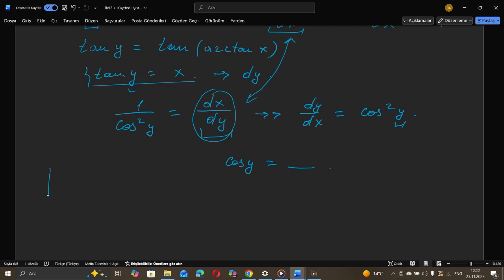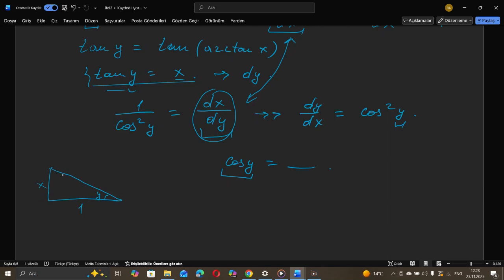So let's draw our right triangle, so we can find cosine y using this expression, as we can see here, right? Let's call one of the angles y, and the opposite side is just x, due to tangent y being x over 1.